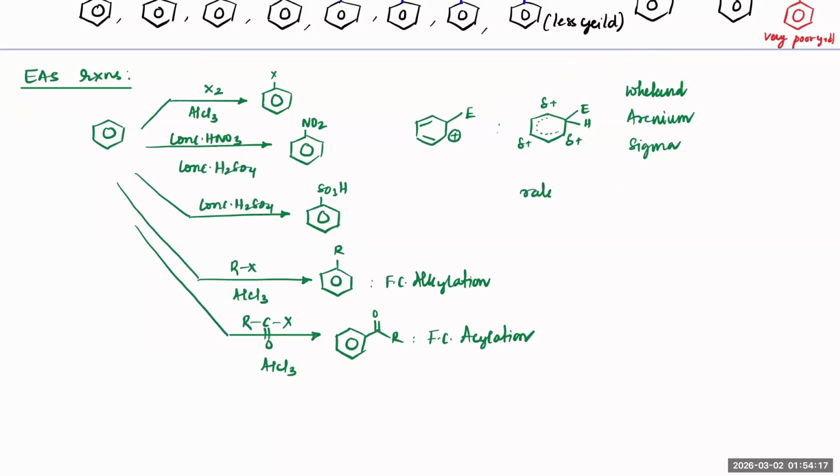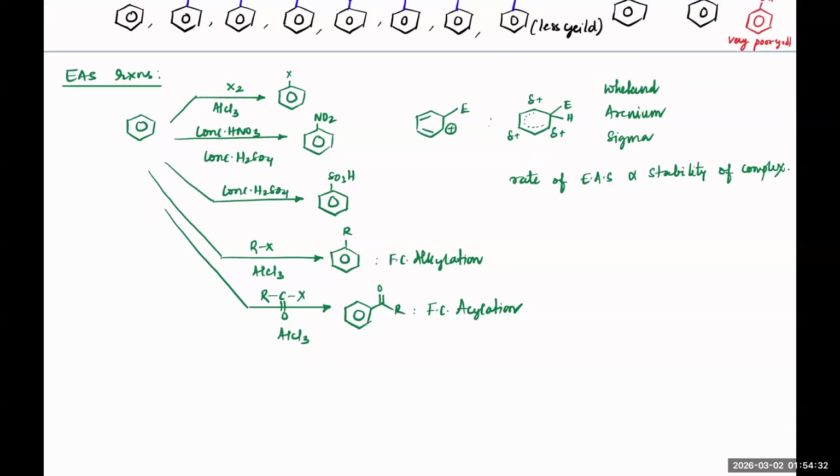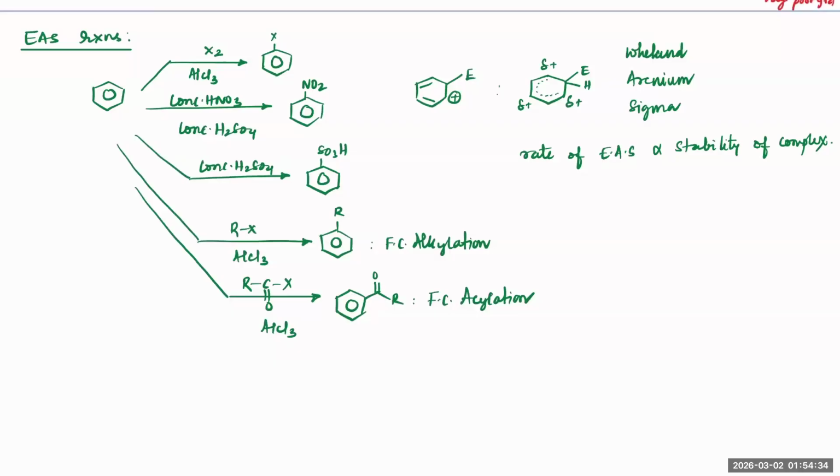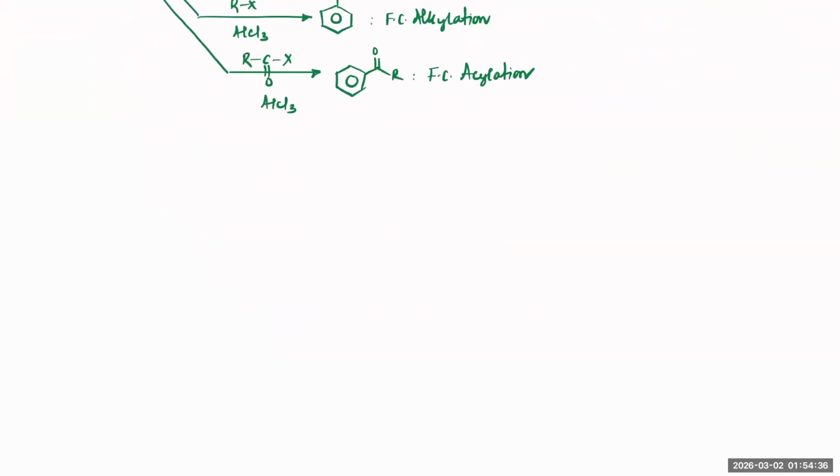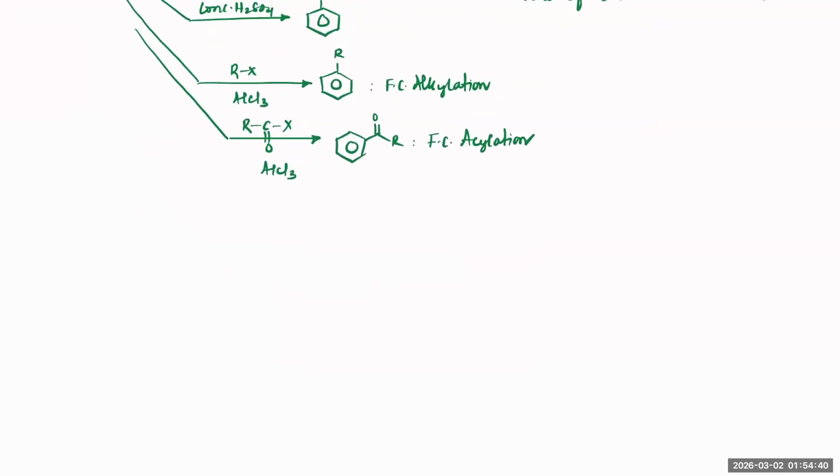And the rate of EAS mainly depends on the stability of this complex. These are the fundamentals which we learned the other day. Got it? Then we emphasized that there are certain drawbacks in Friedel-Crafts alkylation.